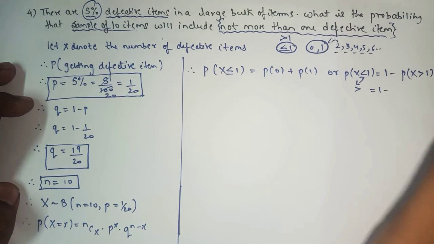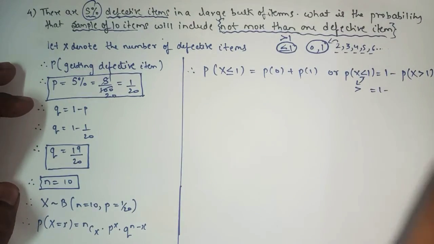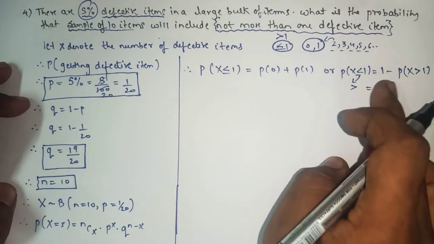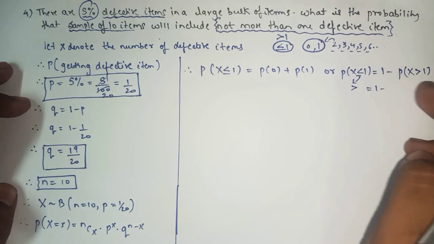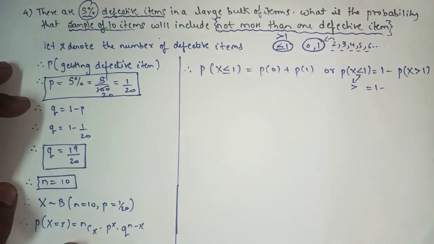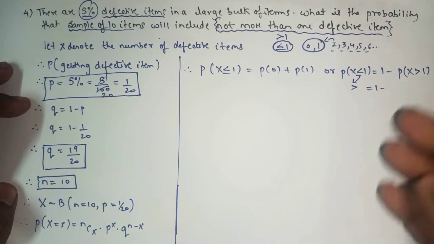So I will stick here with the regular method. Clearly we can see that we cannot apply the shortcut method, as we have to use this formula many times, maybe more than 7 or 8 times.